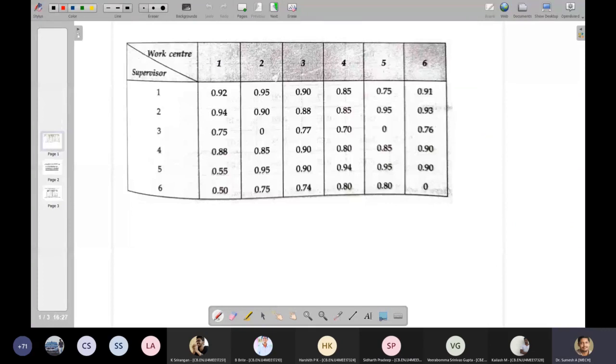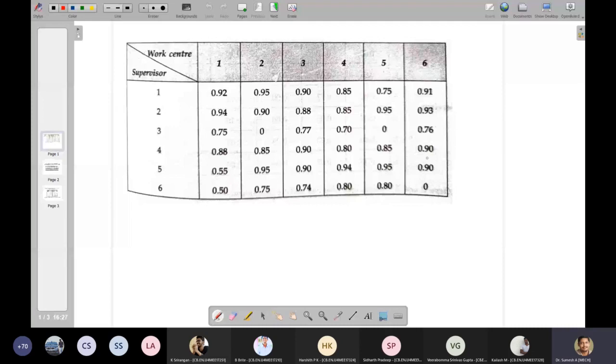Okay, now can you see the problem? Yes, sir. So basically the given problem is an efficiency matrix.